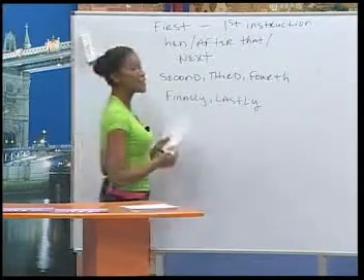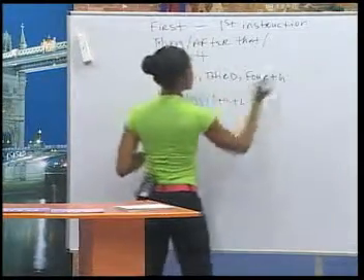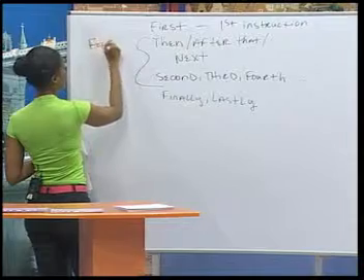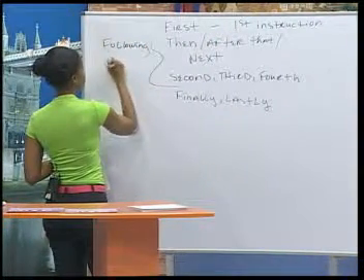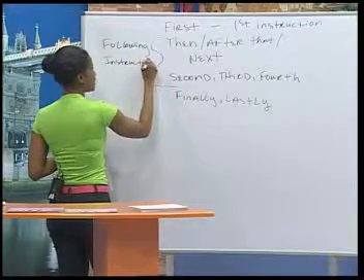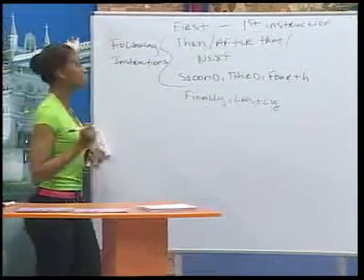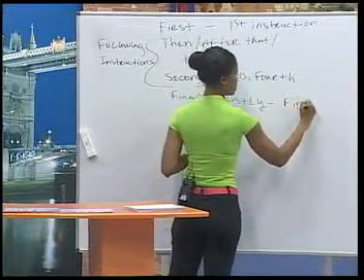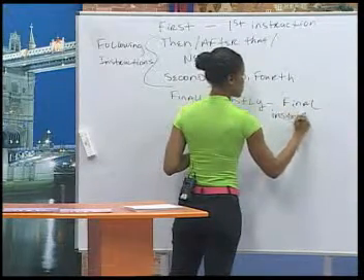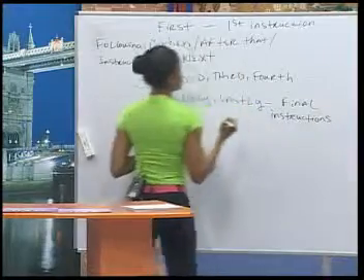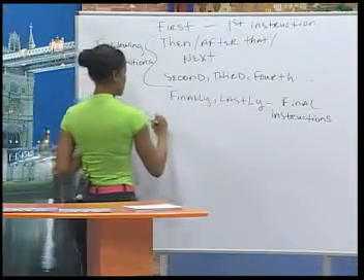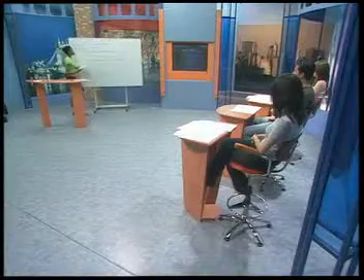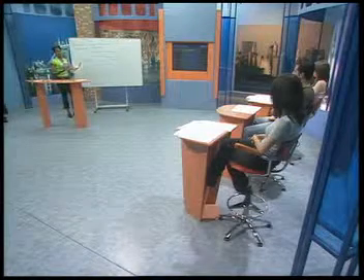For example, second, third, fourth, etc. And then for the final instructions, the last instructions, we can say finally or lastly. All of these words are called sequence words. Sequence means order. So these words tell the order of the instructions.